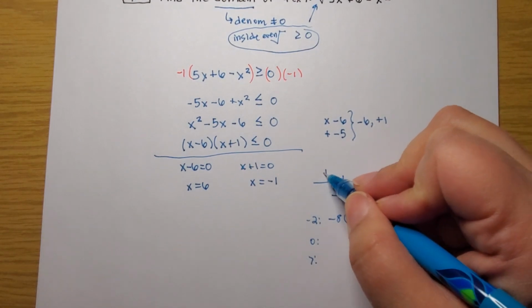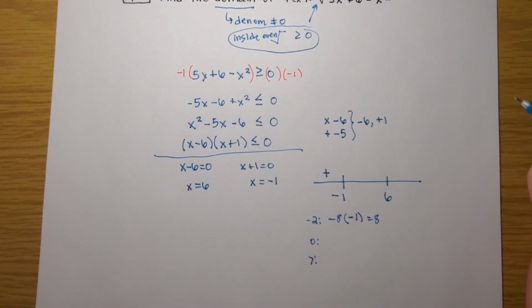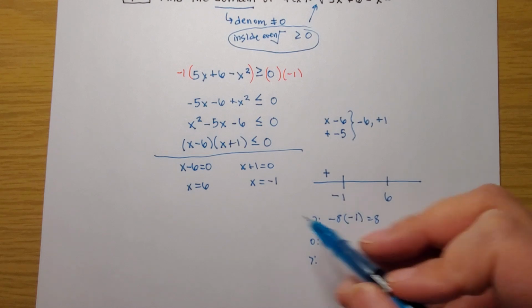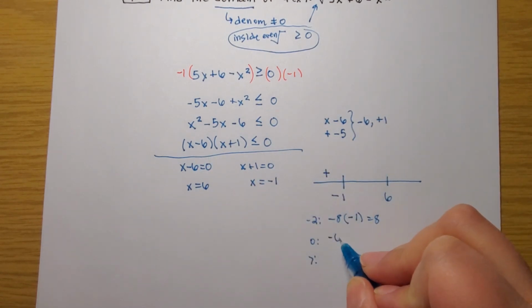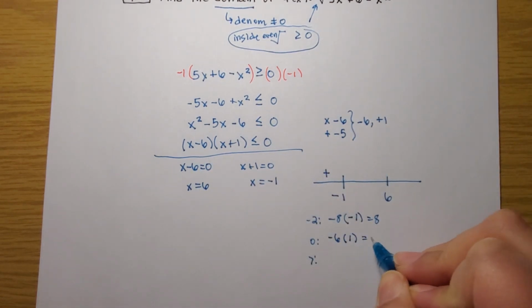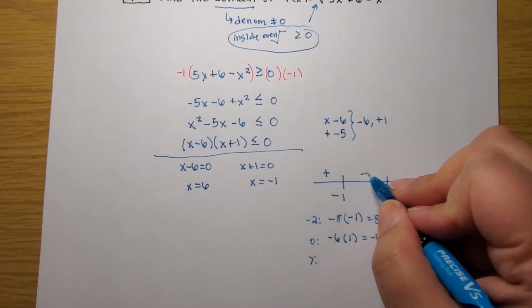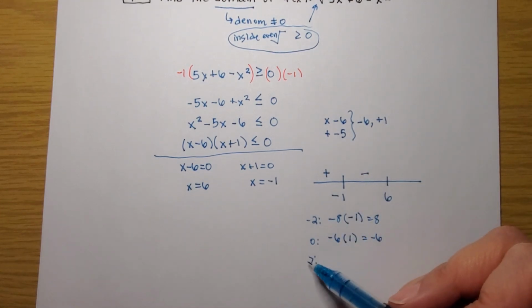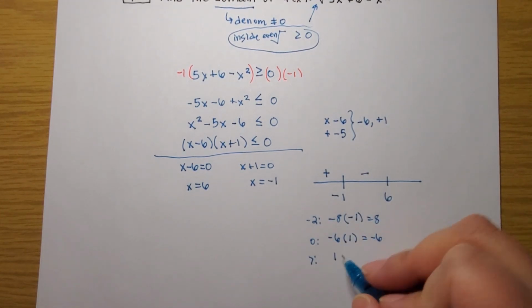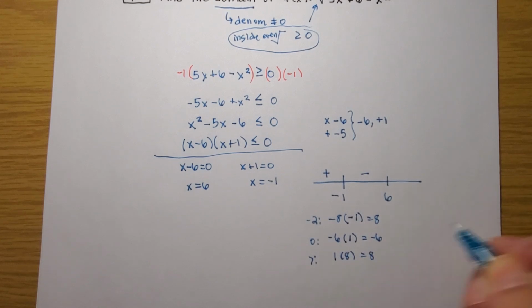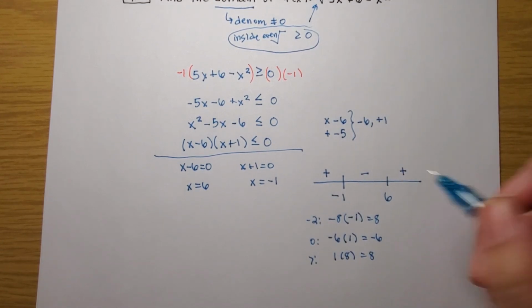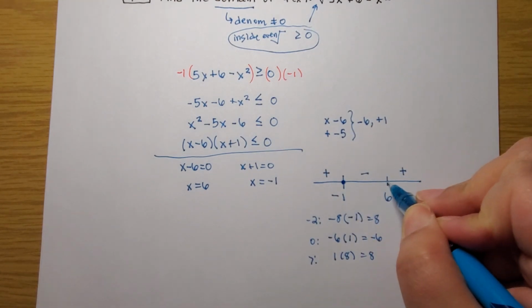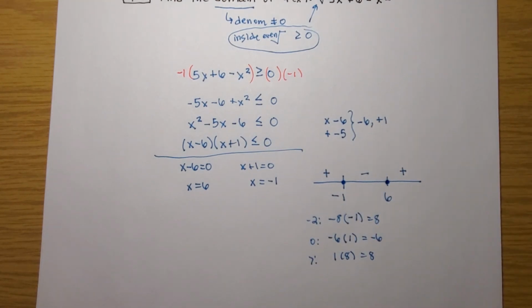So to the left of -1, it's positive. If I plug in 0, I'll get -6 times 1, which is a -6. And then when I plug in 7, I'm going to get 1 times 8, which is a positive 8. So we're positive. And then also, these were my x-intercepts. So I'm going to put a dot there in case we have an or equals to.